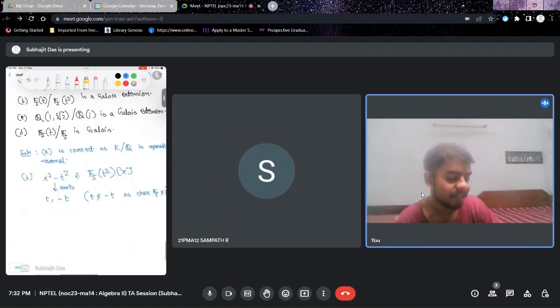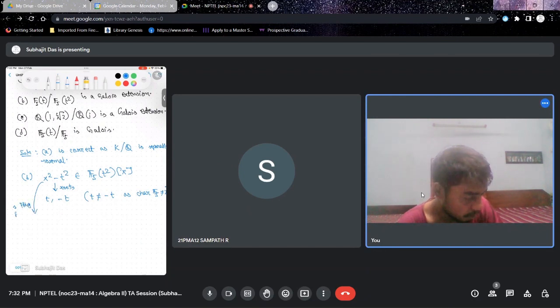And what is a splitting field of this polynomial over the base field F5(t^2)?